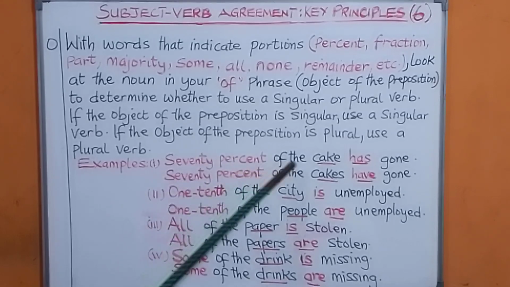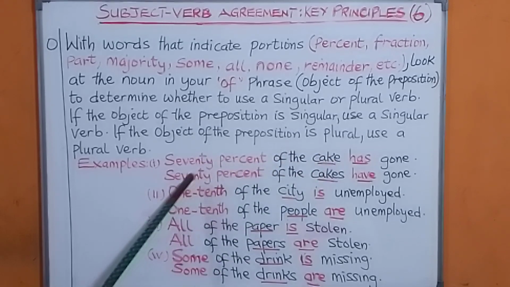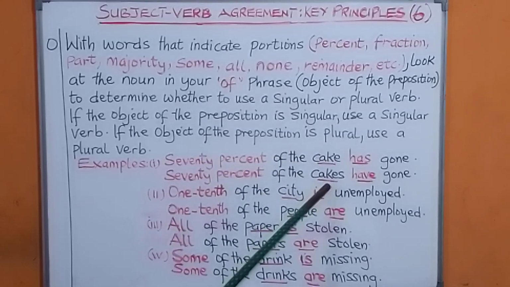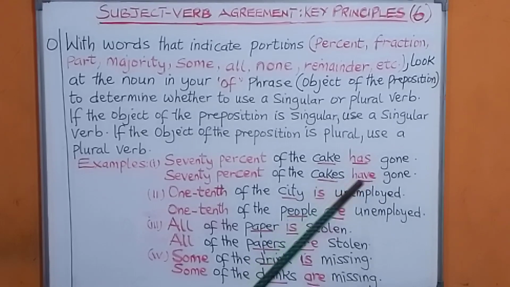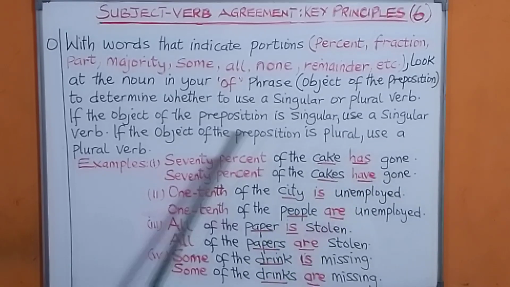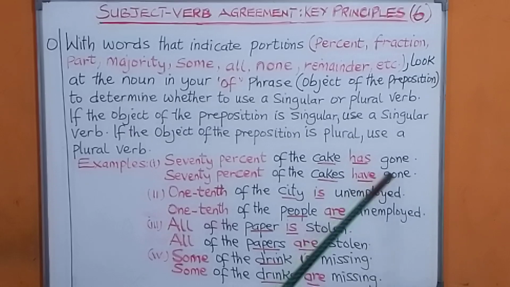Now you see another version of it. 70% of the cakes, you say, have gone. Cakes, you use a plural verb. That's why you say cakes have gone. 70% of the cakes have gone.